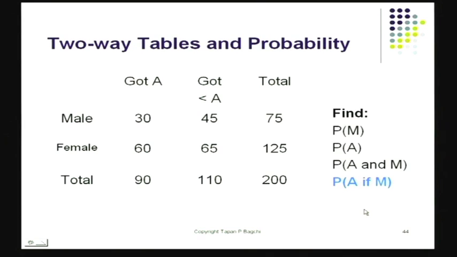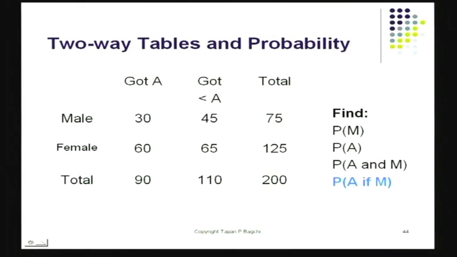Let's move into an example now. Again, I've got kids writing tests, and I've given them a test and counted how many got A and how many got less than A. I've also kept track of how many were male and how many were female, how many girls and how many boys.